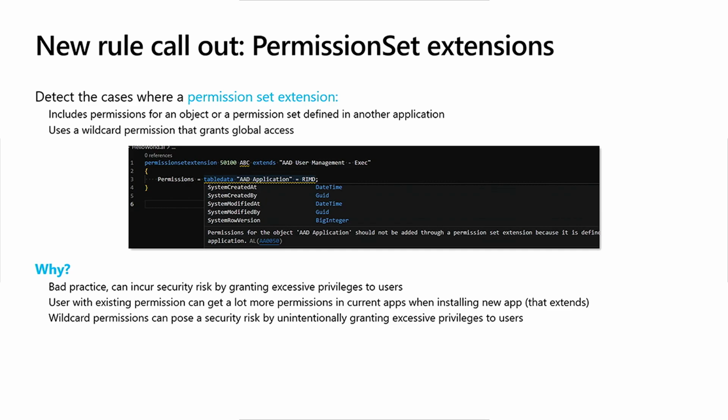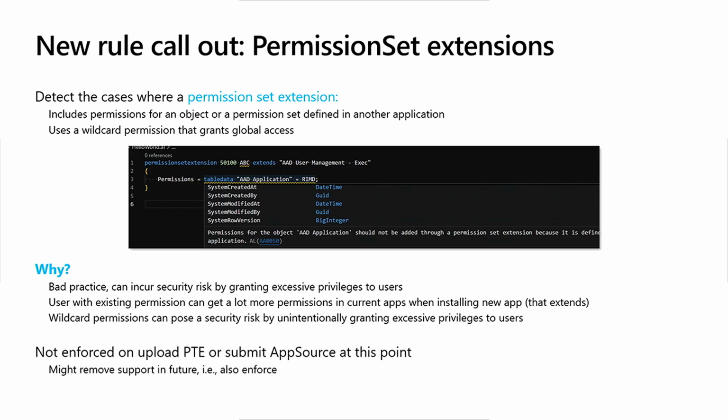And wildcard permissions can also be a security risk because you can grant more privileges than you would like to. This is not enforced for upload PTE or app source submission at this point, but it might be enforced at a later point, or we might just not have support for doing this in the future.